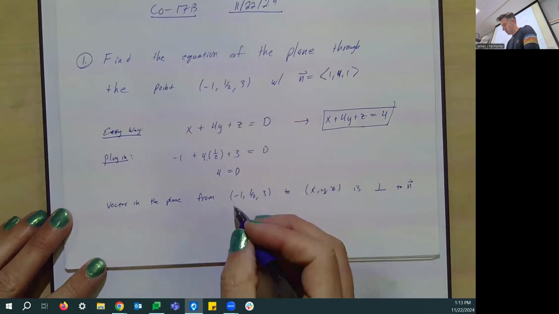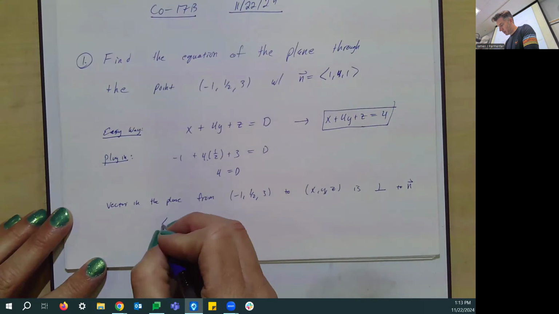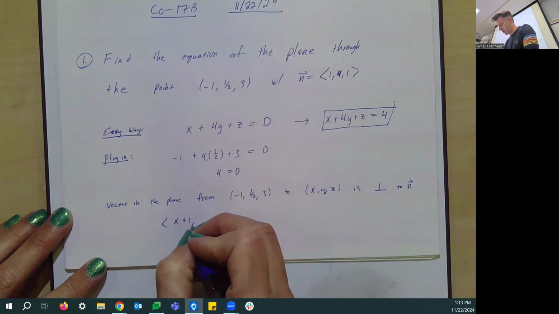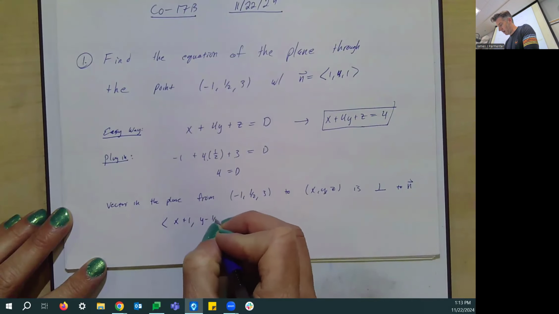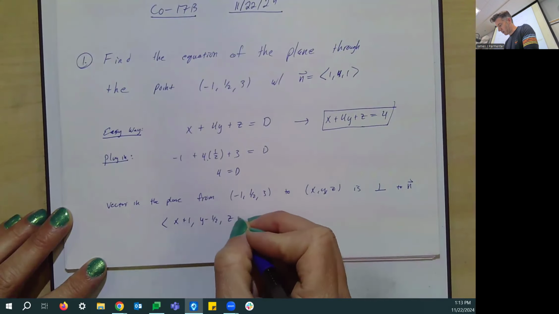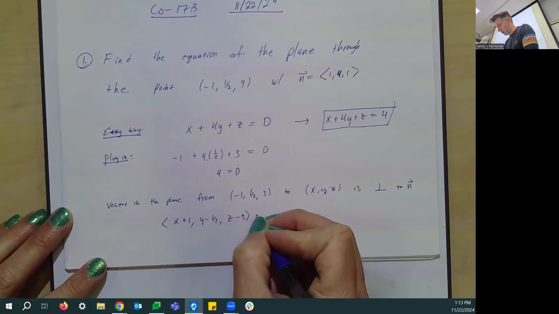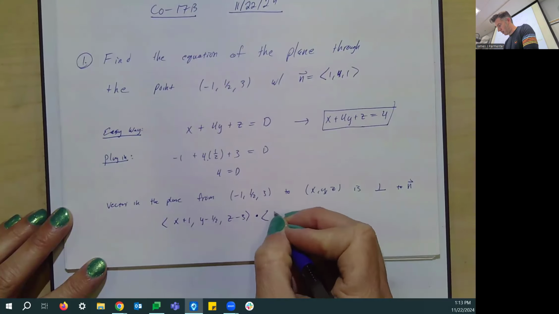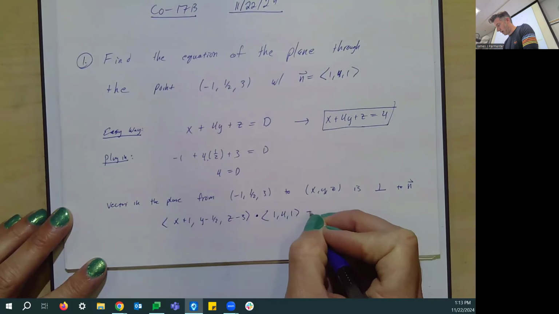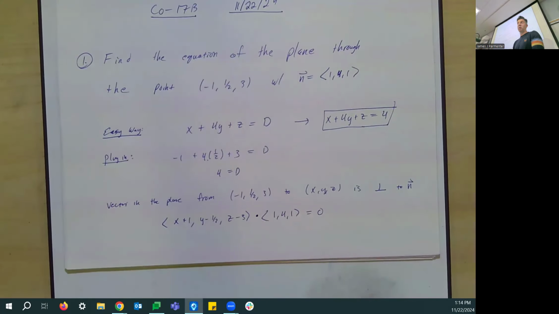Which means that this vector, (x minus minus 1, y minus 1/2, z minus 3), dotted with the normal vector (1, 4, 1) has to equal 0. And that'll lead you to the same equation.